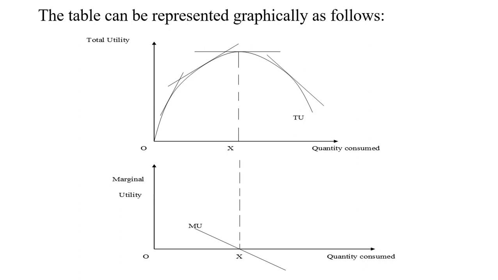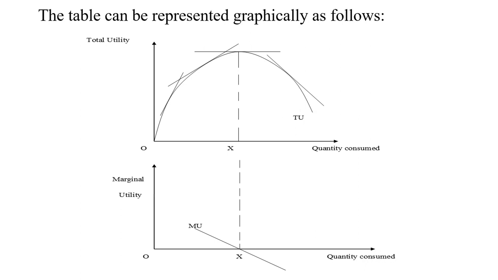So you can see that the function is increasing at a decreasing rate until it reaches its maximum. When the function is at its maximum, then marginal utility is 0. When the total utility begins to decrease, then marginal utility assumes a negative value.